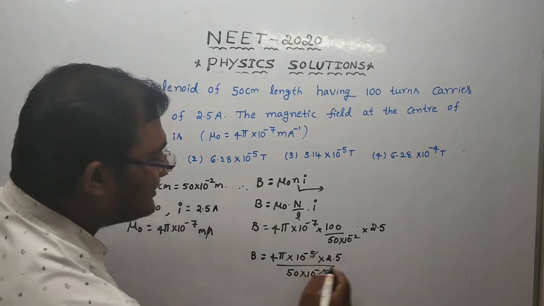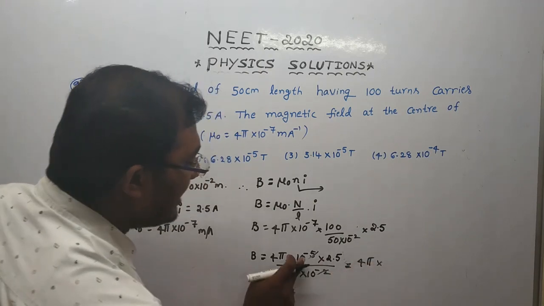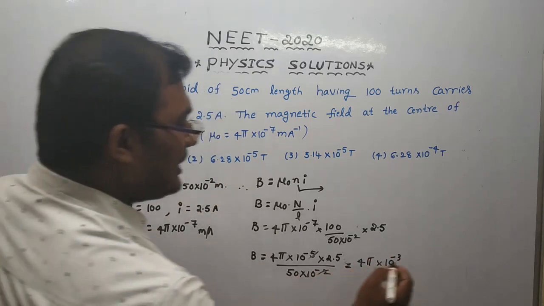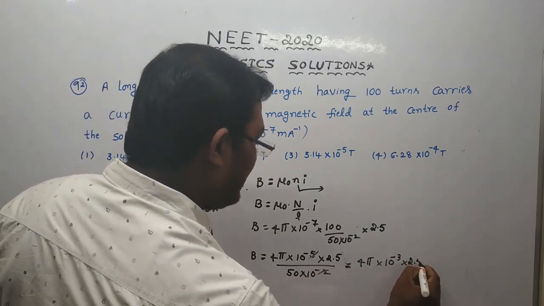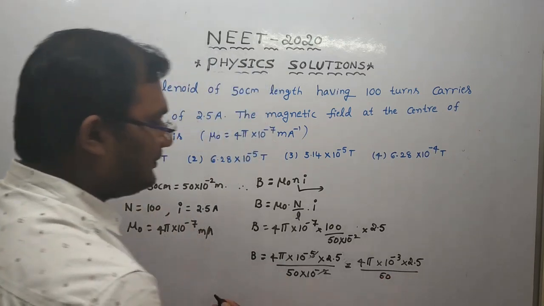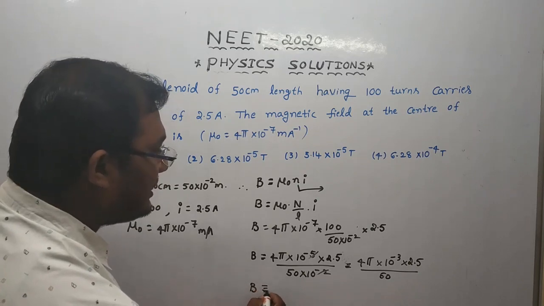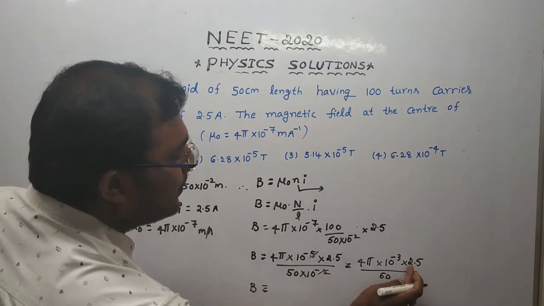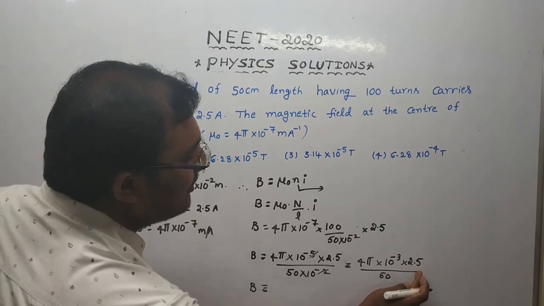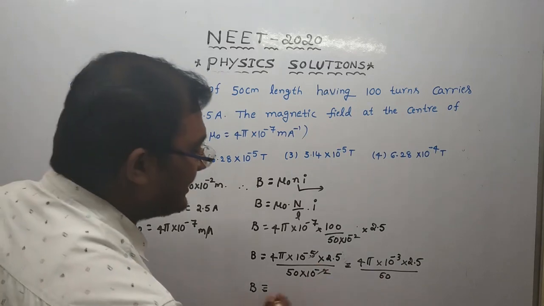The remaining is 4 pi into 10 power minus 3 into 2.5 by 50. Therefore, B equal to, we write the 2.5 as 25 by raising the power of 10 power minus 3 by 1 unit.